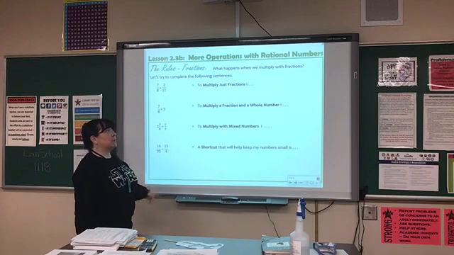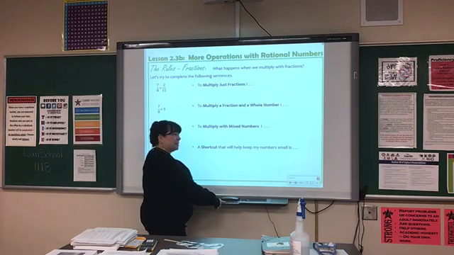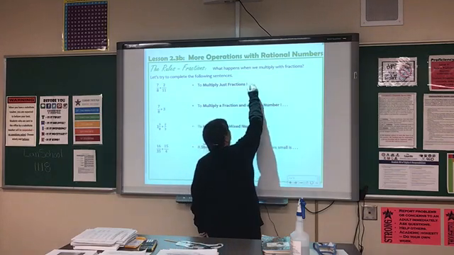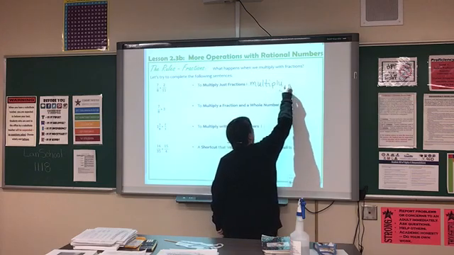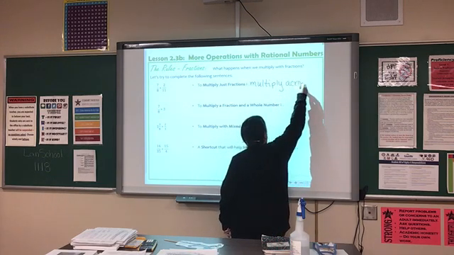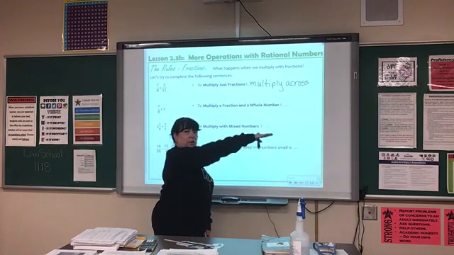So, to multiply just fractions, all I need to do is multiply across. Not in across. I'm not crossing them. I'm just going straight across.